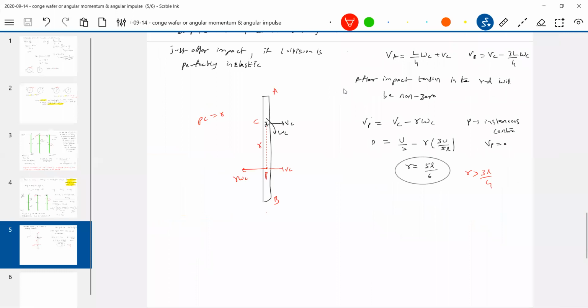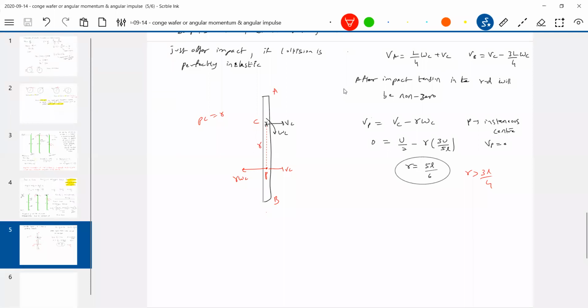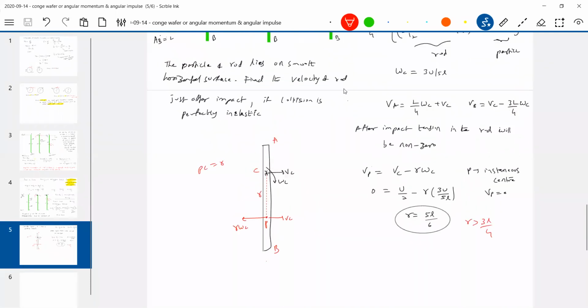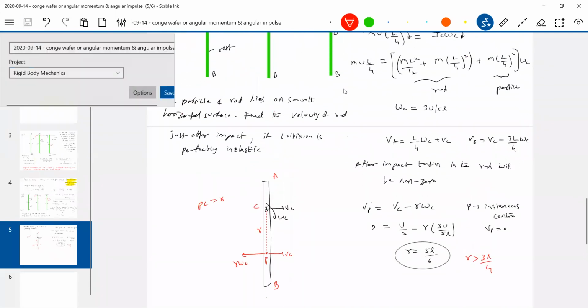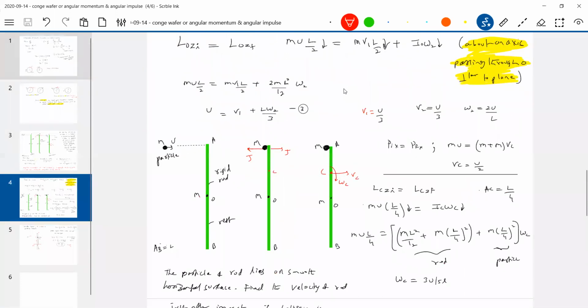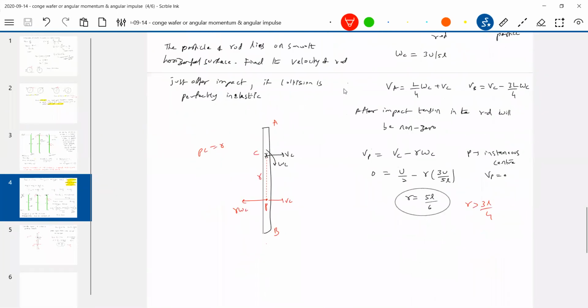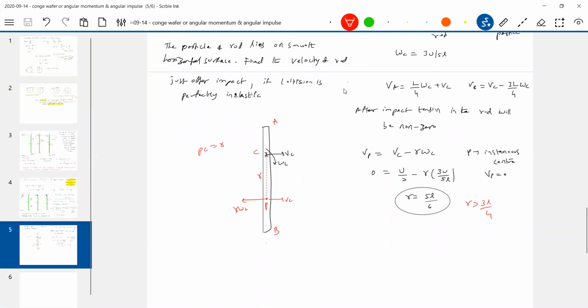Able to see the screen? Okay, fine. I will write this equation like this. Person on the ground, no?